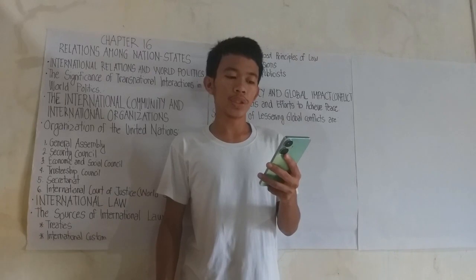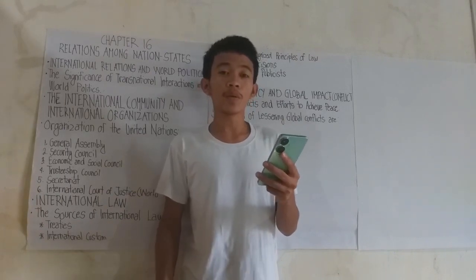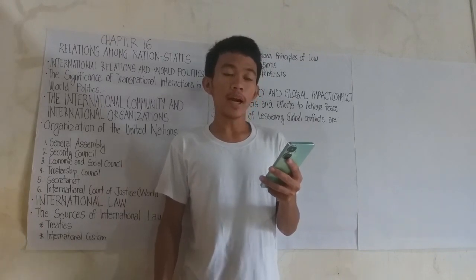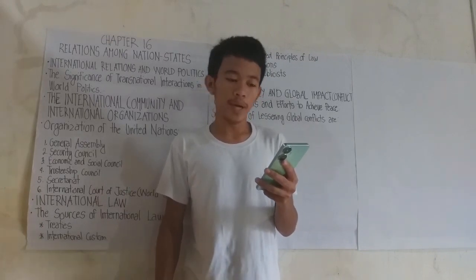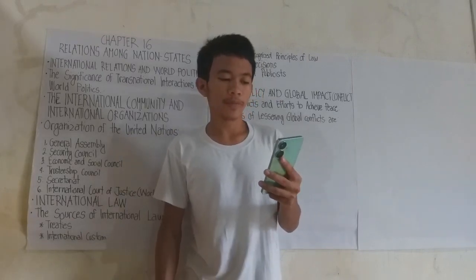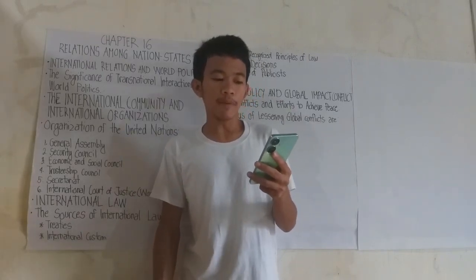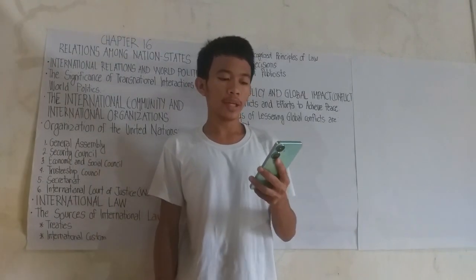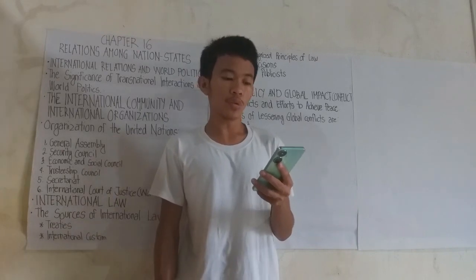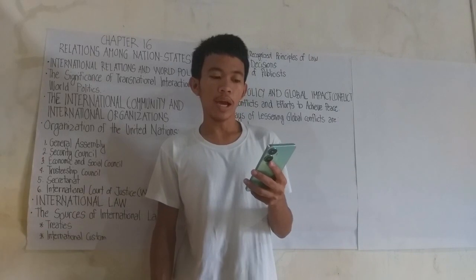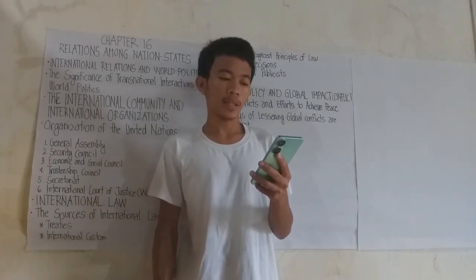The Economic and Social Council consists of 54 member states that are elected by the UN General Assembly for 3-year terms. The Council provides a platform for member states to discuss and coordinate efforts to address global economic, social, and environmental challenges.